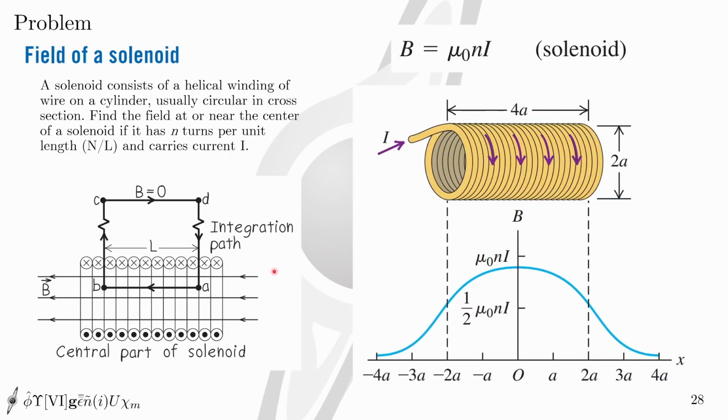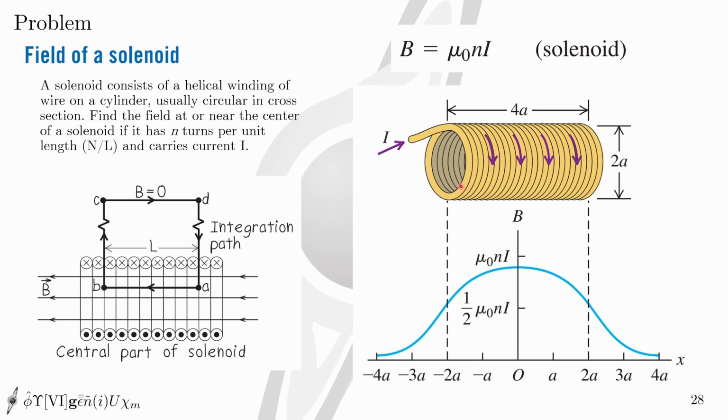In addition to the field of the solenoid, this would be the graph of the field distribution. At the center, the magnetic field is mu naught nI, and just outside the solenoid you can see that this curve is diminishing.